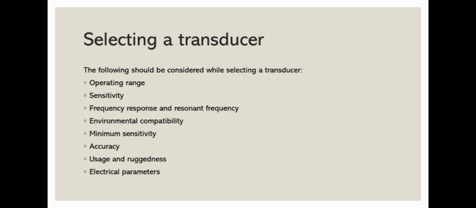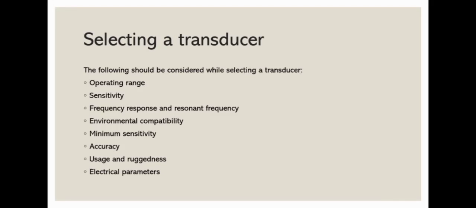Operating range is chosen to maintain range requirements and good resolution. Sensitivity is chosen to allow sufficient output. Frequency response and resonant frequency should be flat over the entire desired range. Environmental compatibility: temperature range, corrosive fluids, pressure, shocks, interaction, size, and mounting restrictions. Minimum sensitivity to expected stimulus other than the measurement.